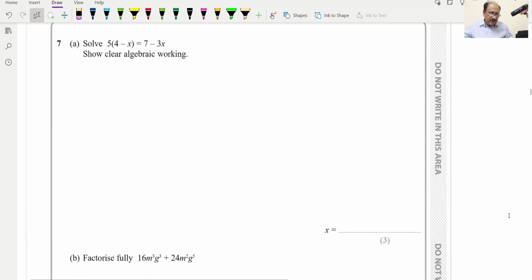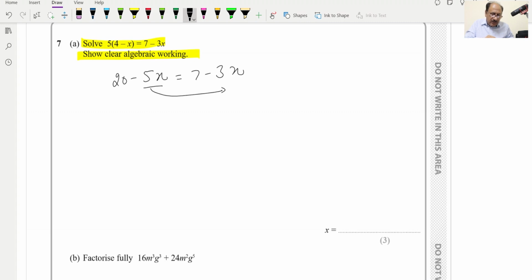Now question number 7, an algebraic equation given to be solved. So show clear algebraic working, and we will multiply: 5 fours are 20, minus 5 into x will be minus 5x, and is equal to 7 minus 3x. Now we can shift this to this side, so we can write 20, and 7 also we can shift to the other side, so it will be minus 7 is equal to 5x minus 3x.